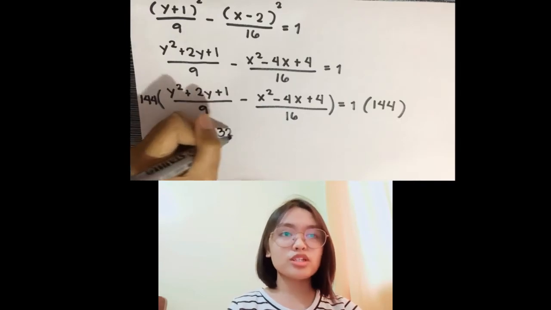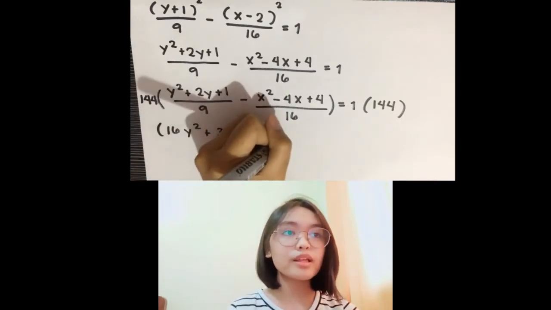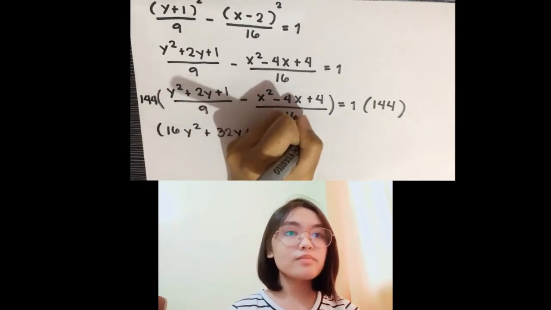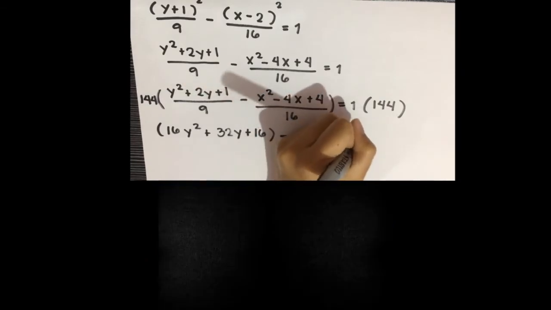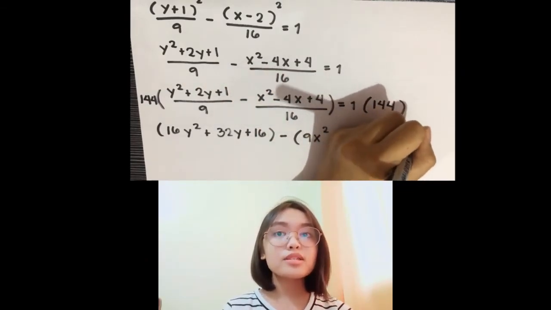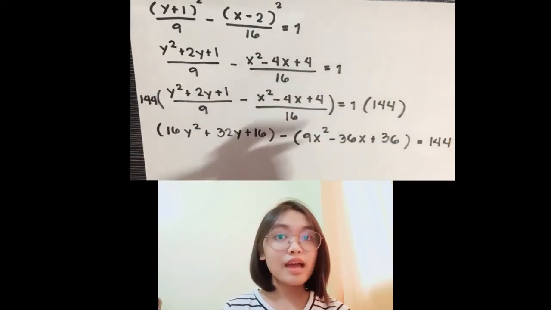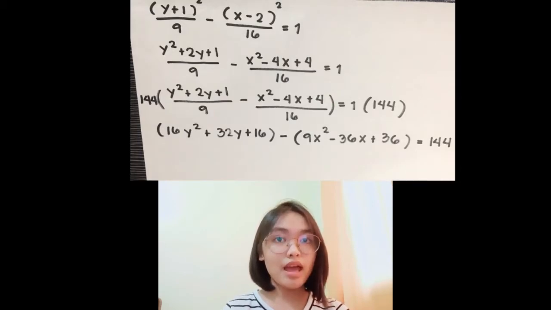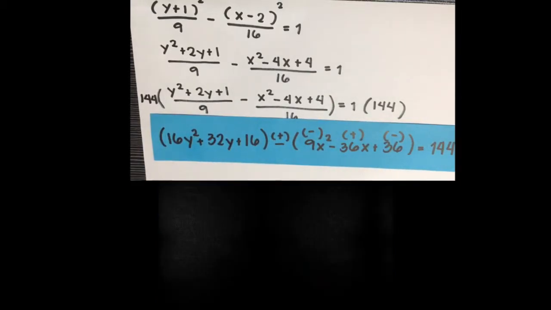With this given equation, we apply subtraction of polynomials by changing the signs of the subtrahend to proceed to addition. And now we will have 16y squared plus 32y plus 16 minus 9x squared plus 36x minus 36 equals 144.